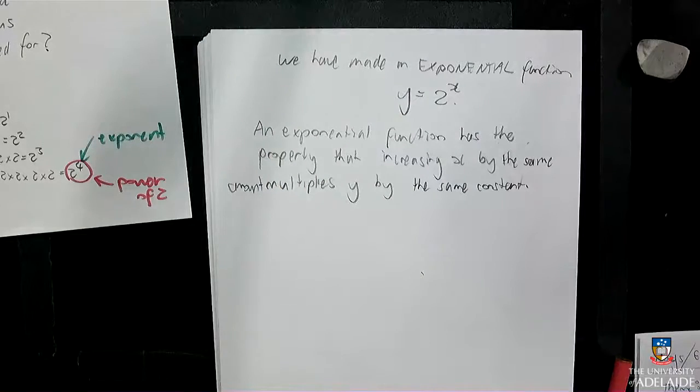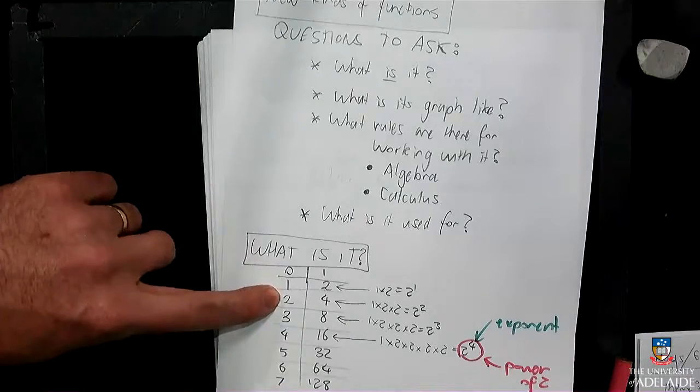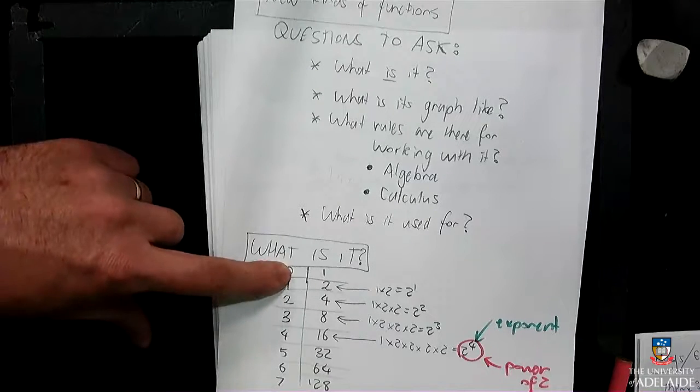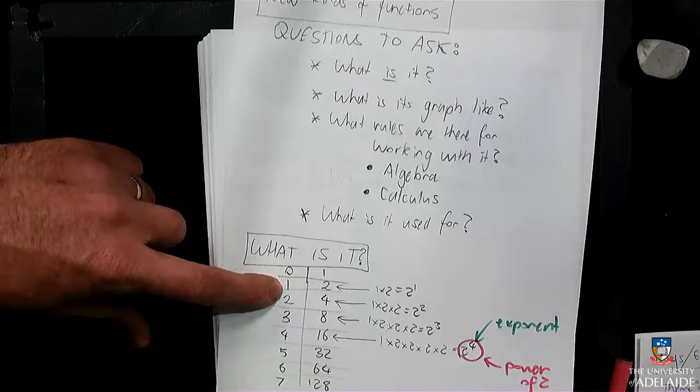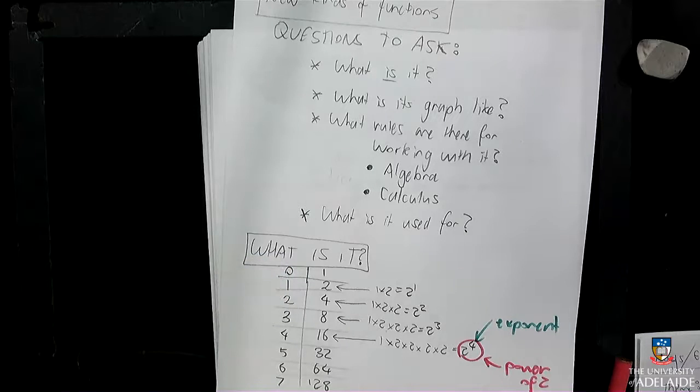And that's an idea that we use to fill in the gaps between them. So to get from 0 to 1, I would have to go to a half and then to 1. And increasing the x by a half should always multiply the y by the same number.